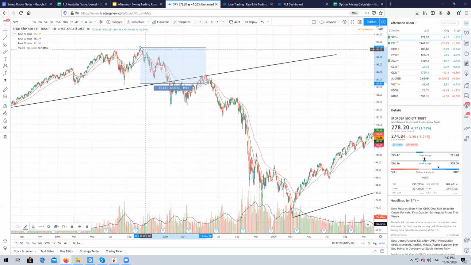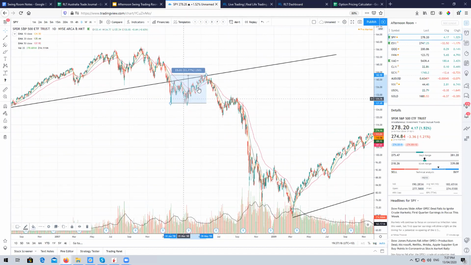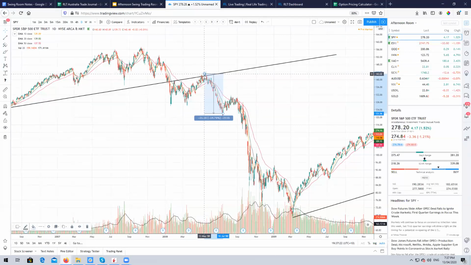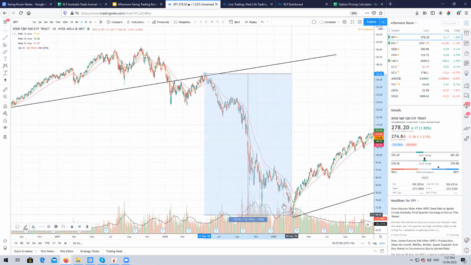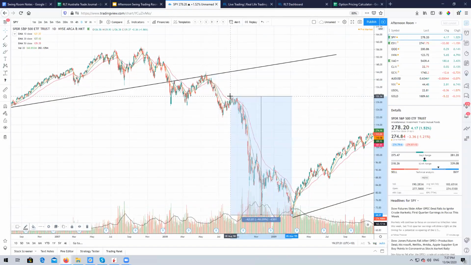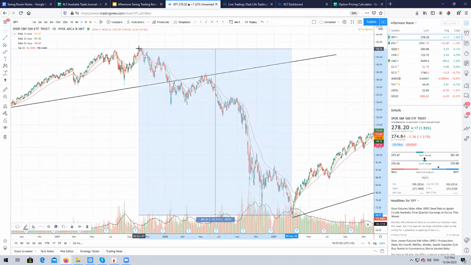And then we had an increase of about 10% over the space of 4 months. And then after that, we created another lower low, falling another 14%, before the overall fall was another 50% from that particular drop. So just keep that in mind.